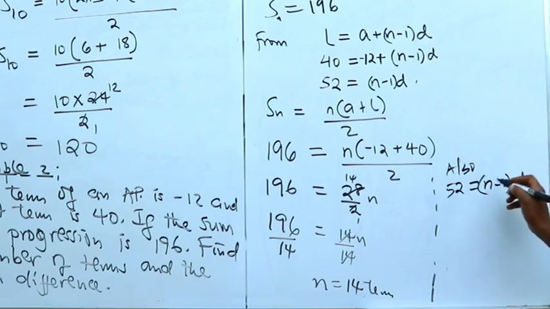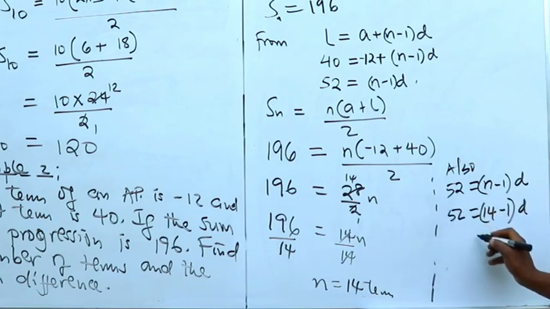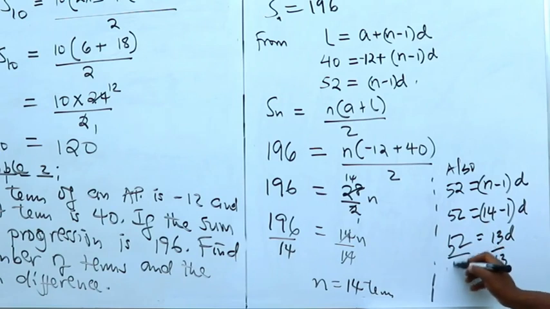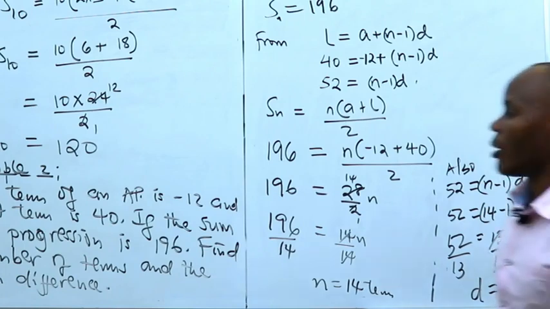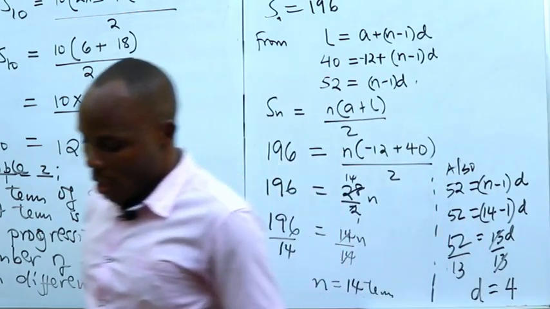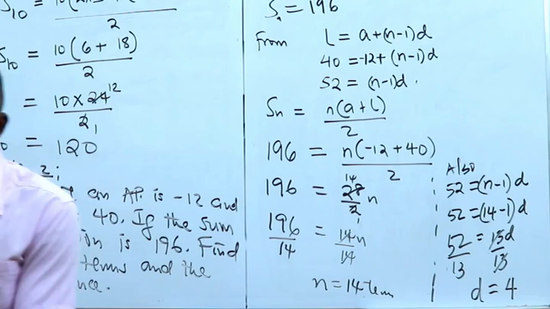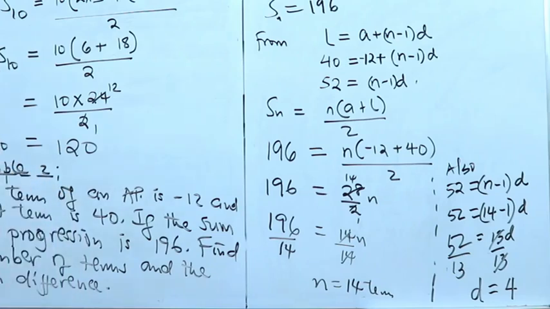Since n is 14, 14 minus 1 into d is 52, so 13d is equal to 52. Divided by 13, the value of d is 52 divided by 13, which gives us 4. That is our common difference.